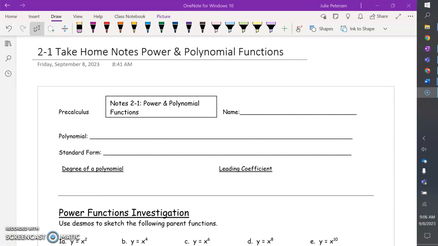Okay, so a polynomial, the definition is simply that it's a monomial. Monomial just means one term, or the sum or difference of monomials, multiple terms.